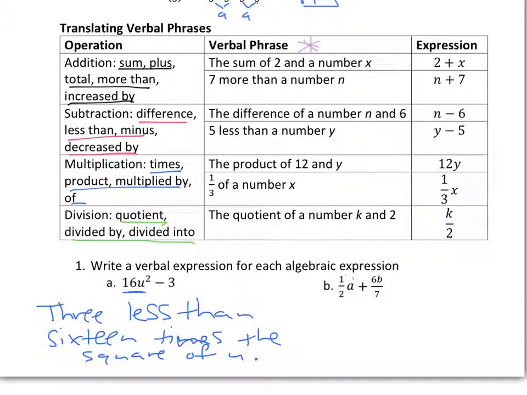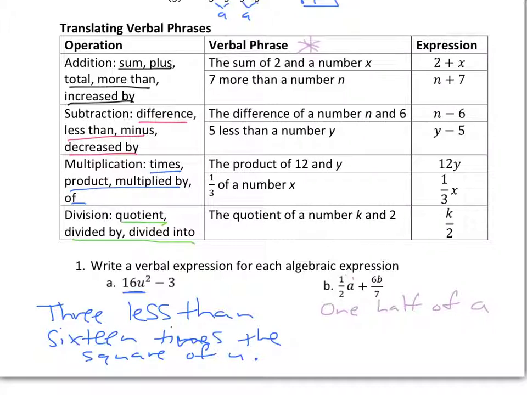Okay, so one way to start here is we could write 1/2 of a. And then we could pick any of the addition ones because we're going to add this. So sum, plus, more than, increased by.